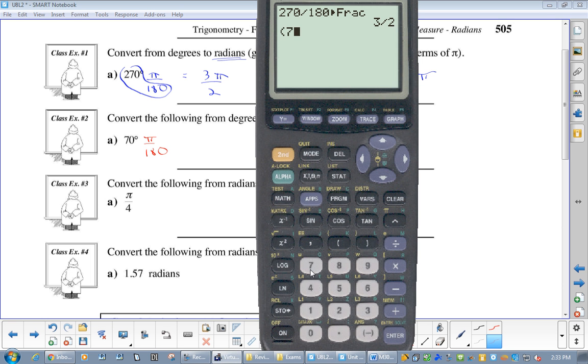Actually, it's more important that you do the bottom in brackets if there are 2 things, but it's still a good habit. So you go 70 times pi, or just 7 pi. 7 pi divided by 180, and you get... oh, 70 is my problem.